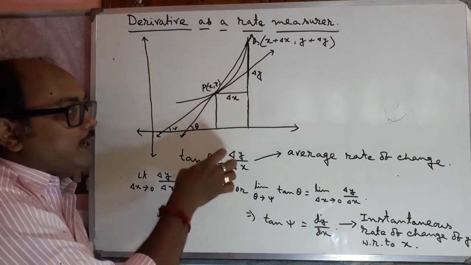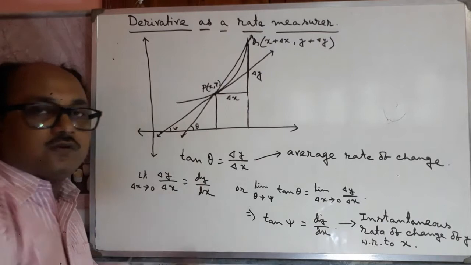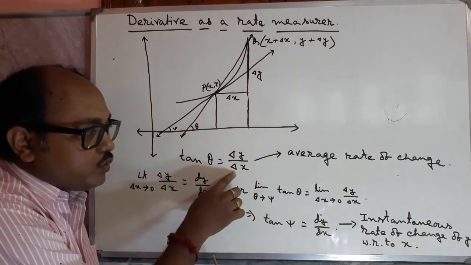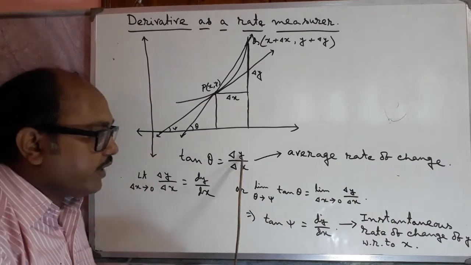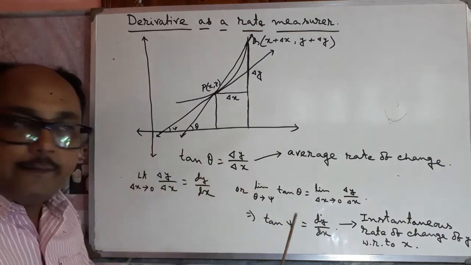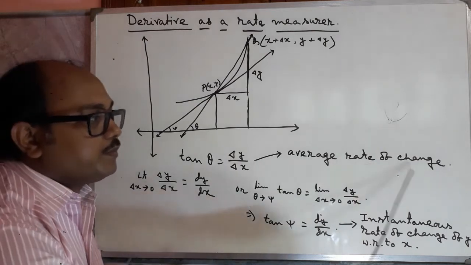So tan theta means perpendicular by base, delta y by delta x. That is change in y with respect to change in x. So this delta y by delta x is known as average rate of change.